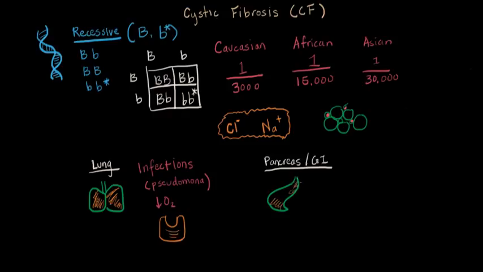So when it's all clogged up, the enzymes that are supposed to come out can't come out. So especially when these patients are children, it's hard for them to get the nutrients they need to grow. So even if they eat a good diet, a lot of times they're malnourished because the nutrients don't get absorbed into their system.